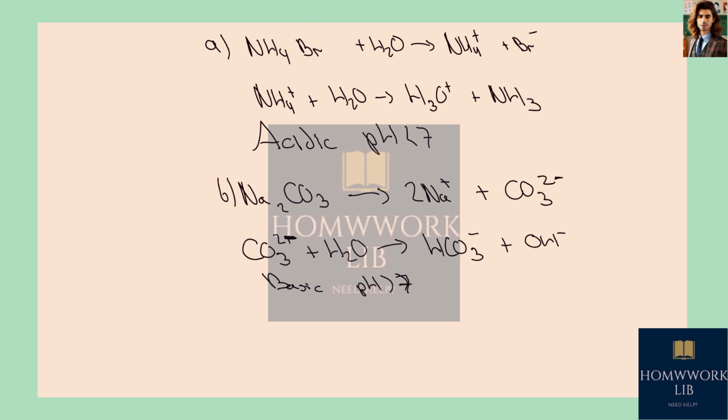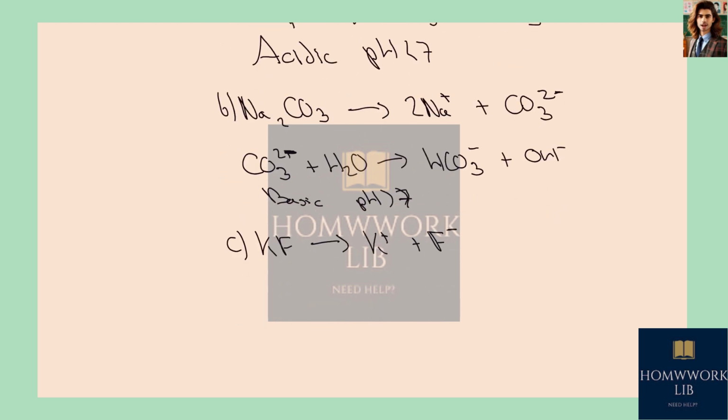Following this, we're going to have KF, that produces in water potassium plus F−. F− is the conjugate base of HF, that is a weak acid. So that means that F− can act when it goes into water as a weak base, generating HF plus OH−.